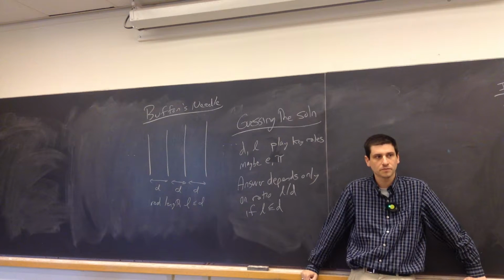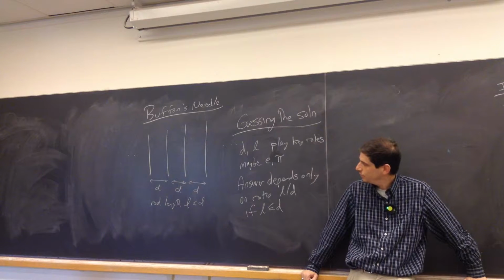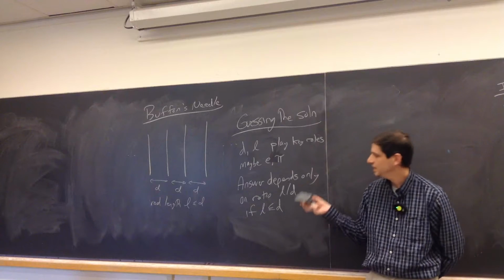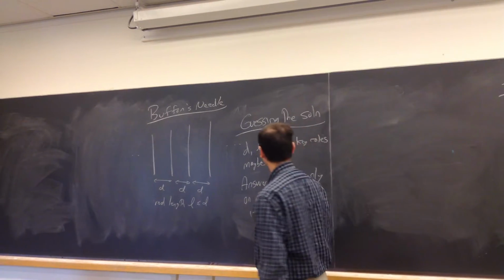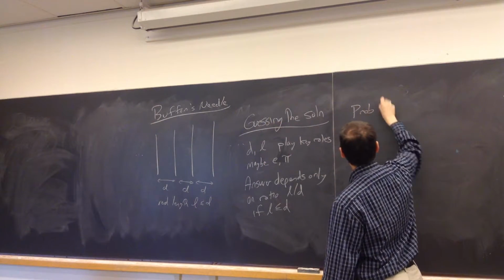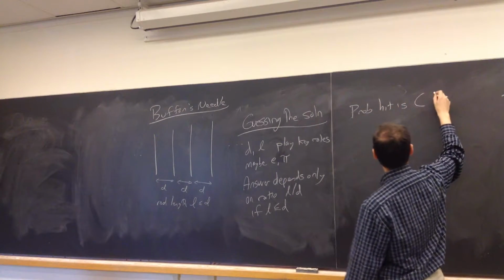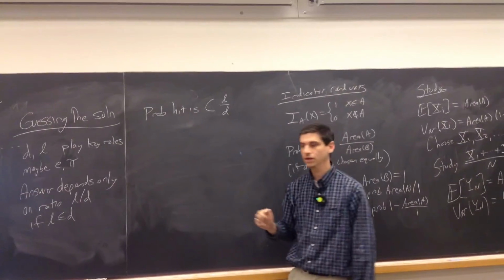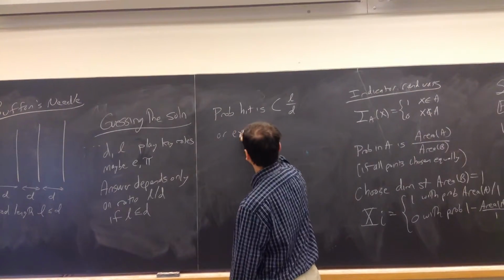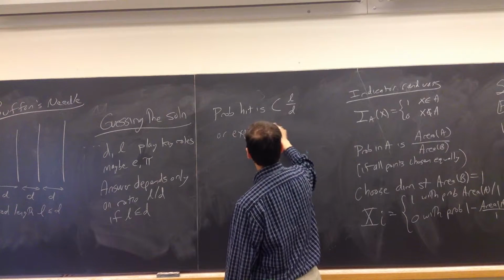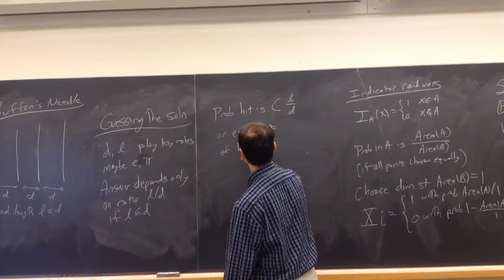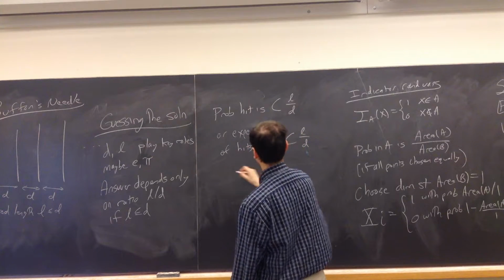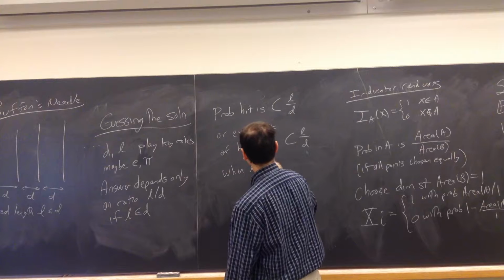So we know the answer if we are just concerned with the dependence on L over D. It's got to be something L over D. So the probability we hit is some constant times L over D, or the expected number of hits is some constant times L over D when L is less than or equal to D.